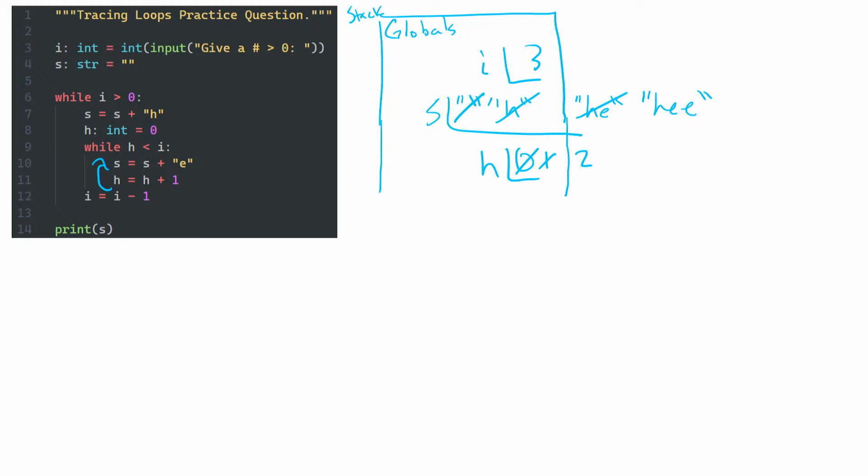Notice it's getting closer and closer to 3, so we're making progress towards our goal. We have reason to believe this isn't an infinite loop. So we compare 2 less than 3, that's true. We go back in and we replace the string HEE with HEEE, and we add 1 to h. So h's value is now 3.